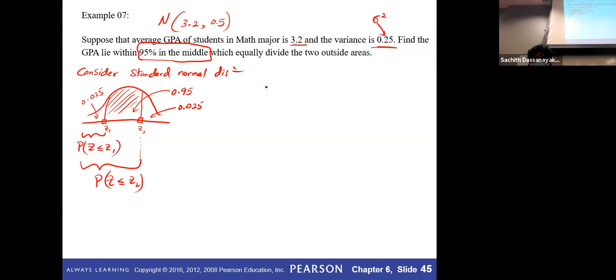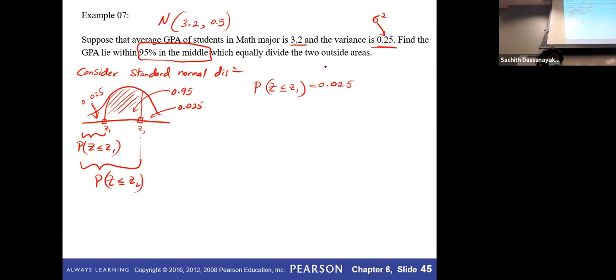Let's check this. The probability of capital C less than or equal to C1 equals what? What's the area? It is 0.025. Clear? See this area? It is 0.025. So what you have to do is go to the table.